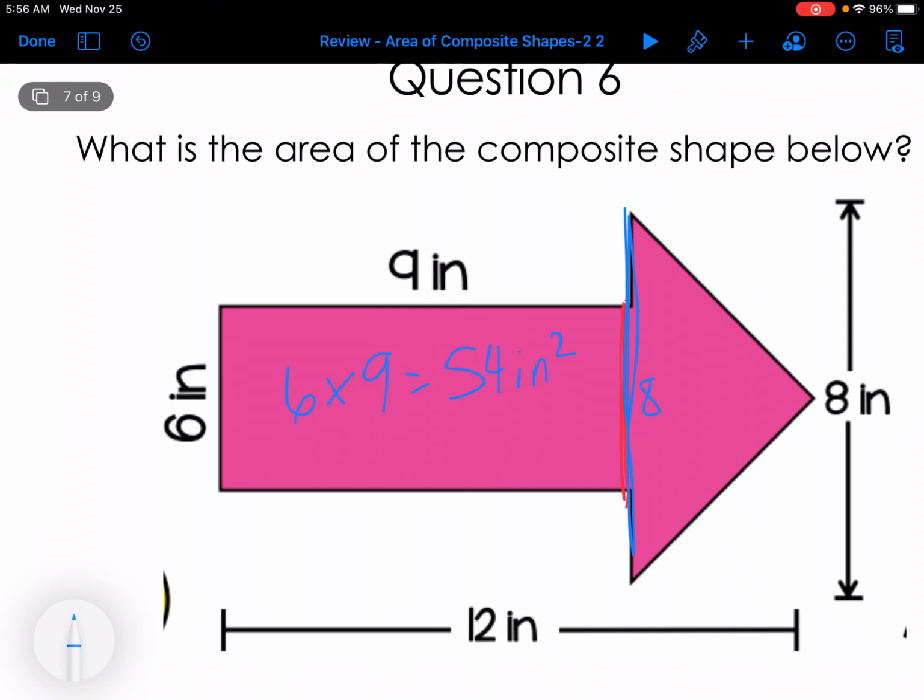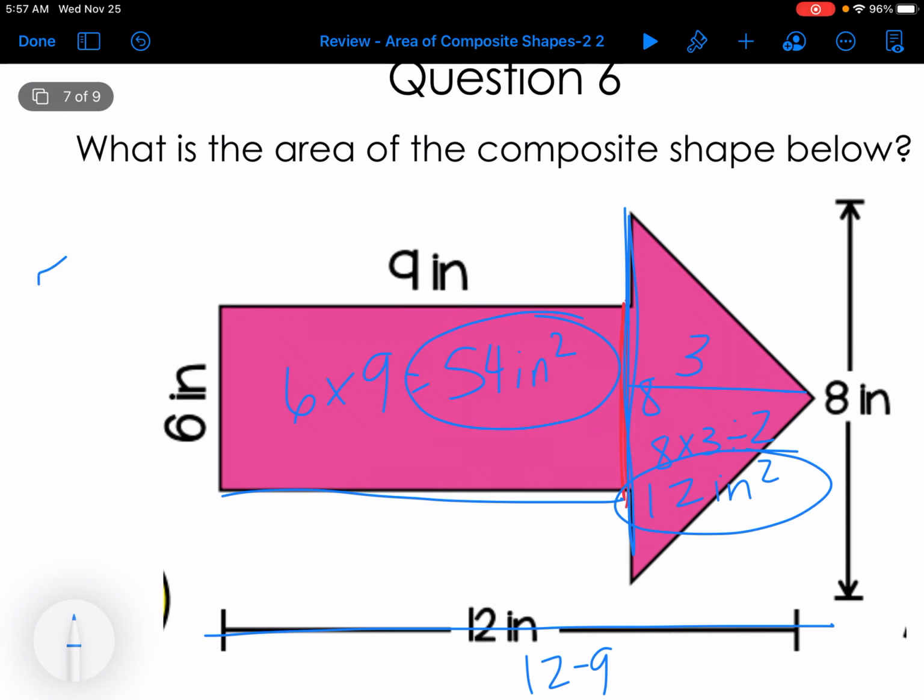And then I know that if the whole thing is 12 and this part is 9, 12 minus 9 leaves me with 3. So I'm doing 8 times 3 divided by 2 because it's a triangle. And I'm left with 12 inches squared. So I'm going to take my 54 plus 12, and I have 66 inches squared.